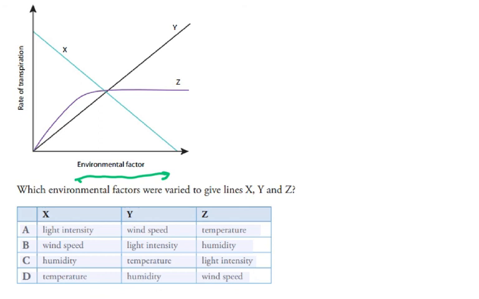Then Y you can say is increasing, environmental factor, temperature is increasing, so Y is temperature, and Z is the light intensity. So the answer is C. I do not agree with the Y part because of course they've shown such an environmental factor in which, because of temperature, it should level out as well. But because we have no other choice, Z is light intensity and Y is temperature. So the answer is C.